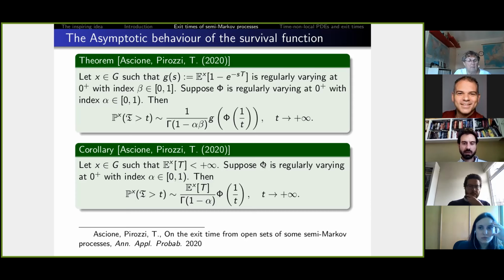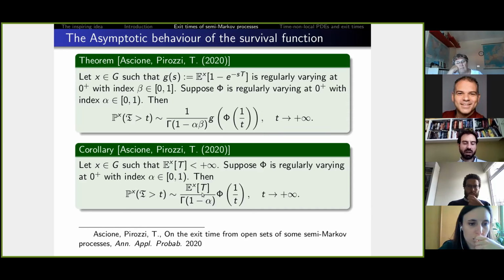Then the time-changed process has a first passage time, this calligraphic T, whose tail behavior is determined uniquely by the function phi, the process we are using to introduce the delay. So essentially, by deciding the random time change, we are deciding the decay at infinity of the survival function of the first passage time.